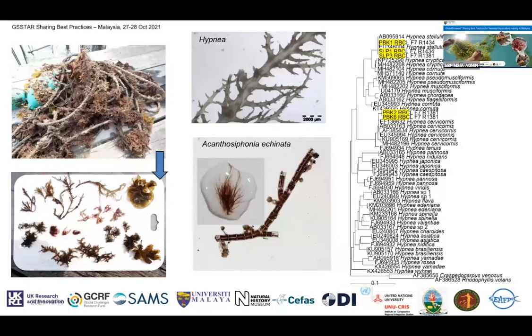What I wanted to highlight is Acanthosiphonia echinata, which was previously placed in the genus Polysiphonia and Neosiphonia. This species was first reported in North America, and more recently it was believed to be introduced into Indonesia from the ballast water and hull fouling of ships from the Western Atlantic. Our results show that this species from the Western Atlantic is also introduced into Malaysia.